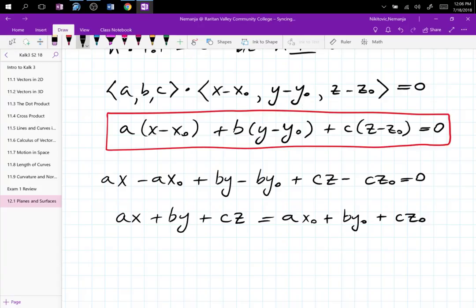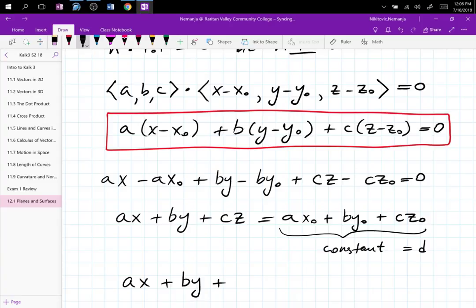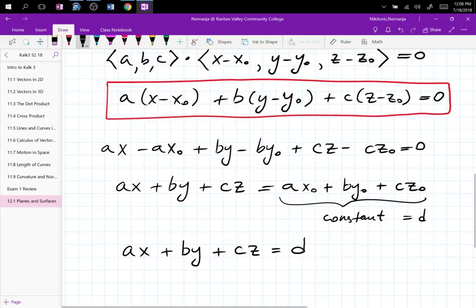And this is a constant, and we usually call it D. So now the alternate equation for the plane is AX plus BY plus CZ is equal to D.